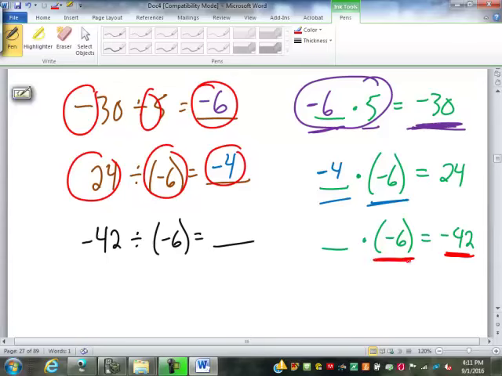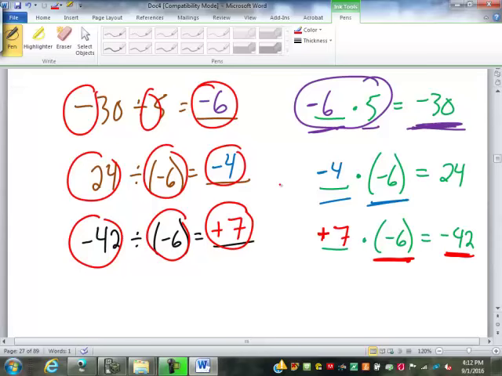The 6 is negative, so this number has to be positive 7. So, comparing it to multiplication, when we divide a negative by a negative, we get a positive. Just like in multiplication, if we multiply a negative times a negative, we get a positive. Any questions?